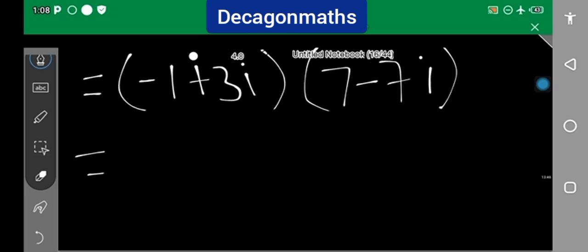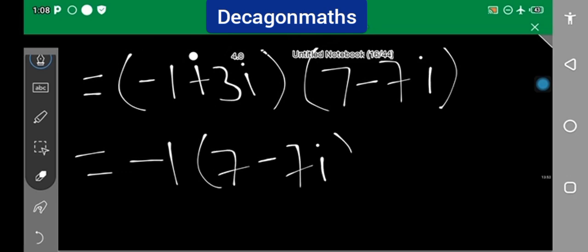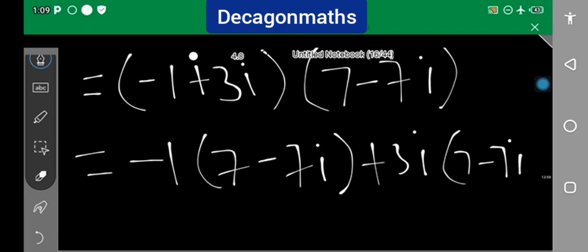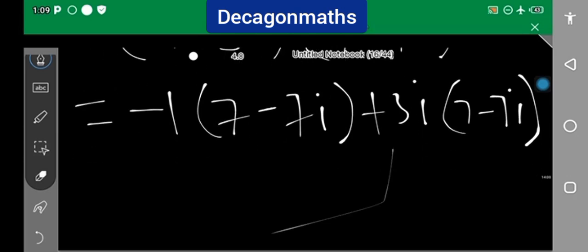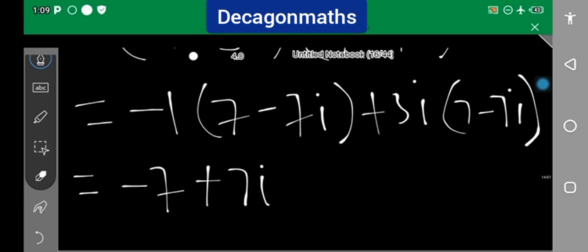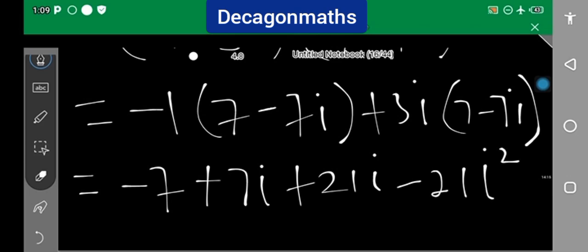So we have minus 1 into bracket 7 minus 7i plus 3i into bracket 7 minus 7i. This equals minus 7 plus 7i plus 21i minus 21i raised power 2.